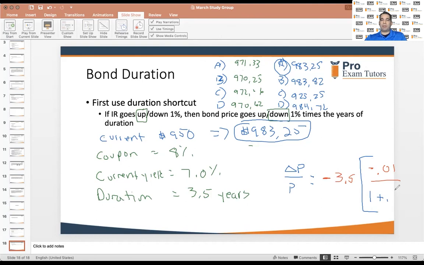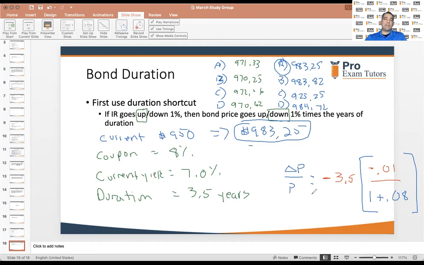It doesn't necessarily have to be the coupon. And let's see what we come up with for the price. Actually, that might be 0.001. Hold on one second, let's just do the math on it, times 3.5. That's a negative.